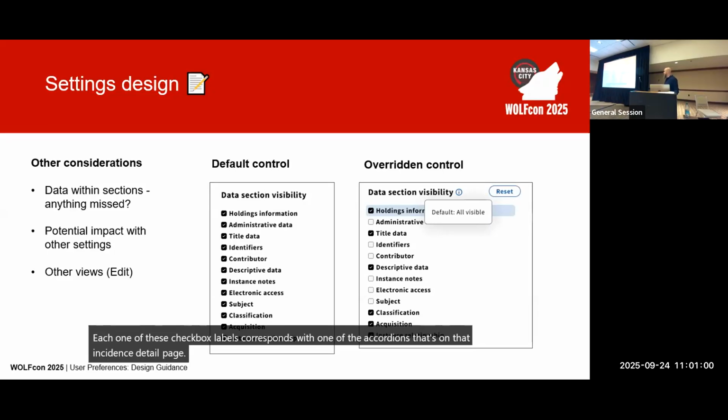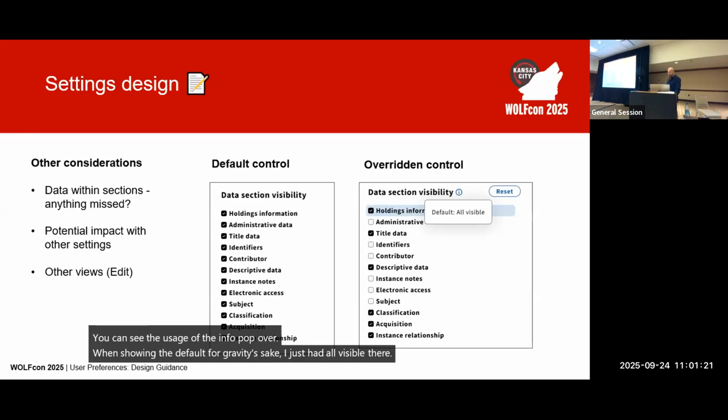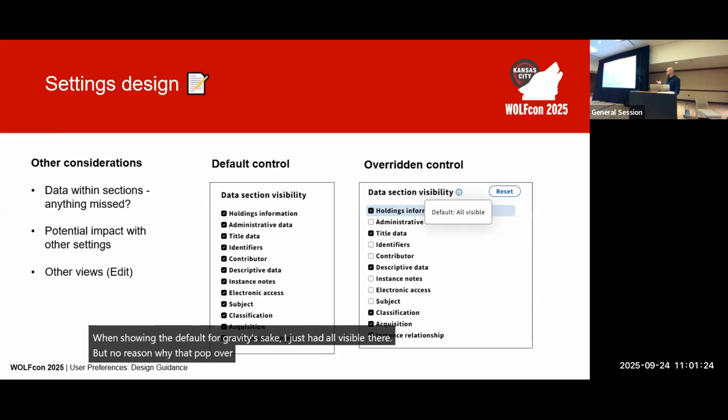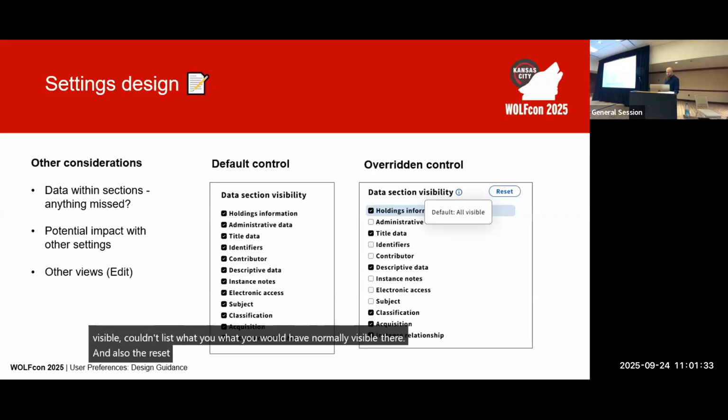And then we've got our overridden control, where for data section visibility you can see they've toggled some of those checkboxes off. You can see the usage of the info popover, showing the default. For brevity's sake, I just had all visible there, but there's no reason why that popover couldn't list what you would normally have visible there if it's something besides all visible. And also the reset button.